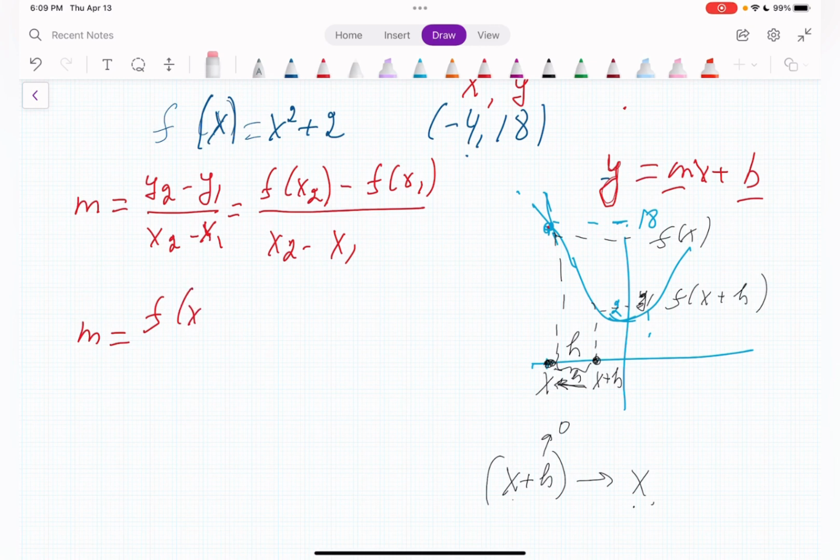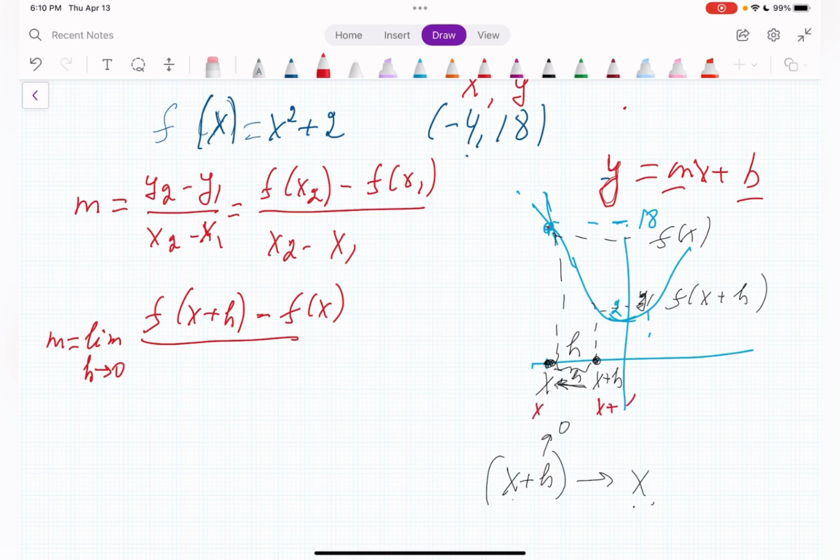Oops, I forgot the limit. The limit as h approaches 0 of f of x plus h minus f of x, and we divide by x2 minus x1. If my x1 is x, x2 is x plus h.